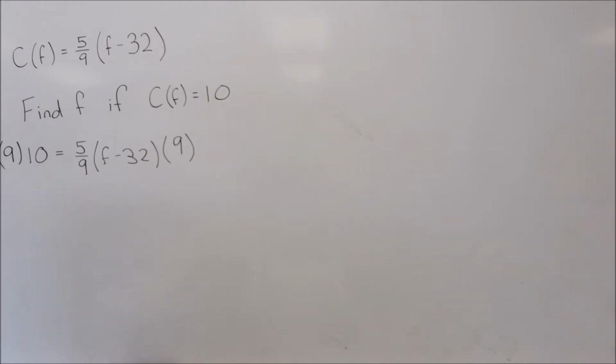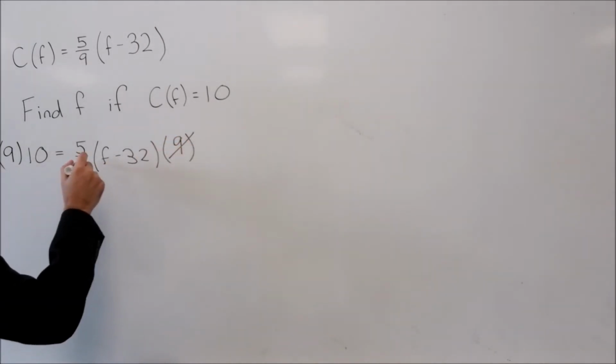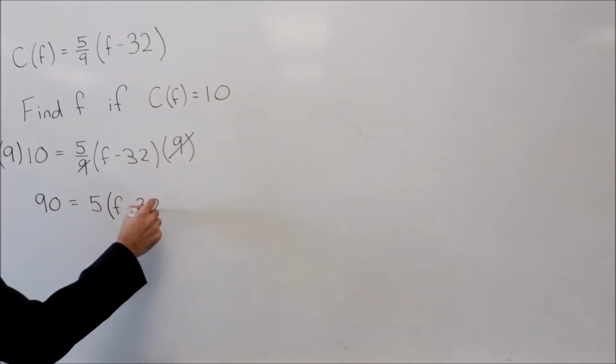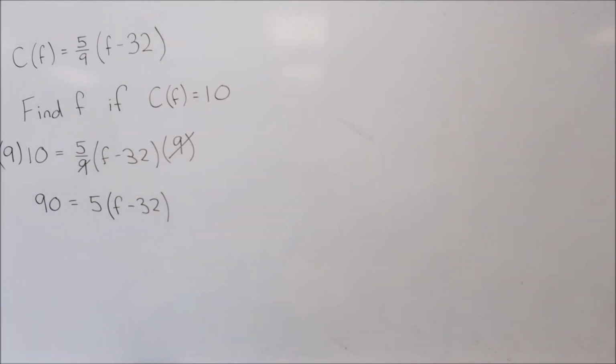But whatever you do to one side of the equation, you have to do to the other side. So that's why we have a 10 popping up over here as well. Now that's really nice because our 9s on one side cancel out, and then we do the math on the other side. Okay, so our equation has become 90 equals 5 times f minus 32.